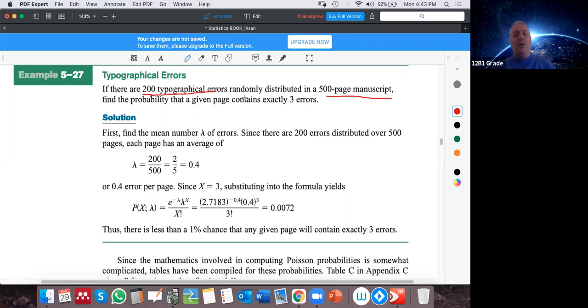So what will be the error ratio for one page? It is 200 divided by 500, which is 0.4, and that will be my lambda. Find the mean number of errors. Since there are 200 errors distributed over 500 pages, each page has an average of this.